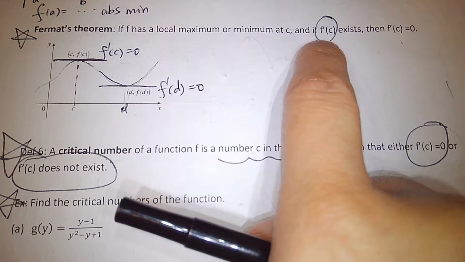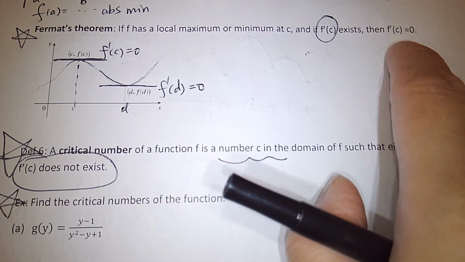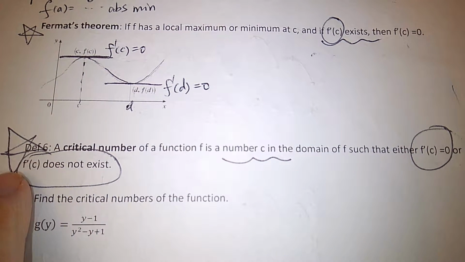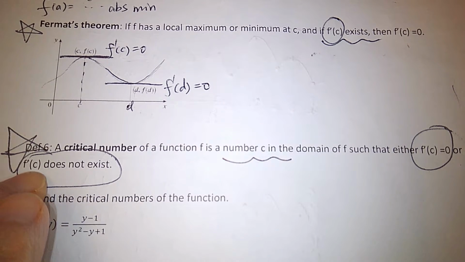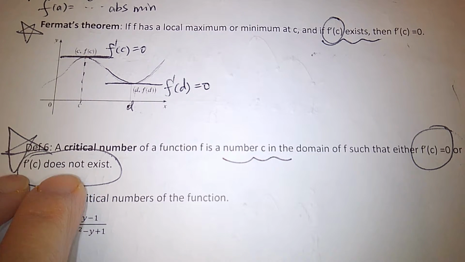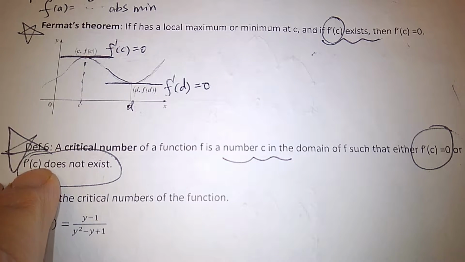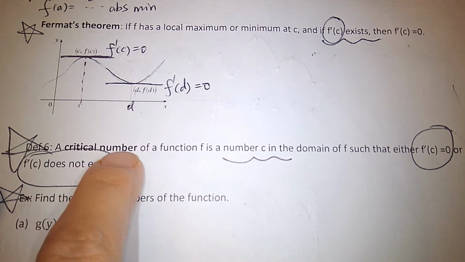It says here, if f prime of c exists, then the derivative equals 0. But there may be some cases where f prime does not exist. We also consider f prime of c not existing; a c that makes f prime of c not exist is also a critical number.